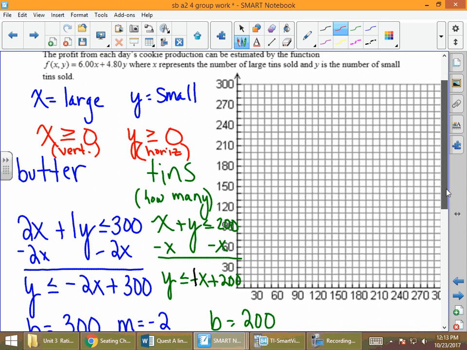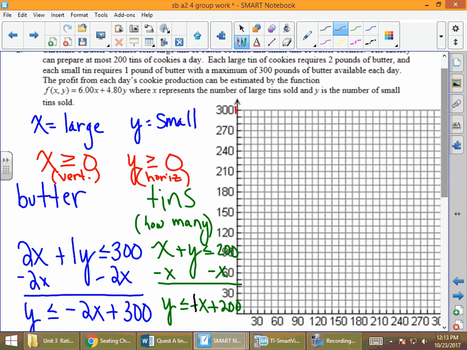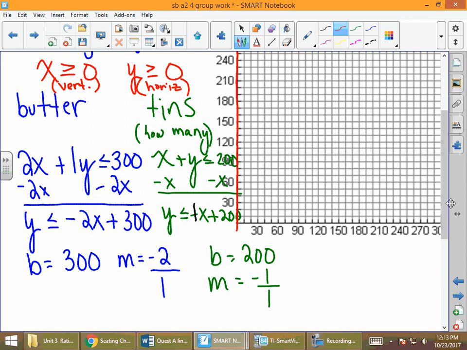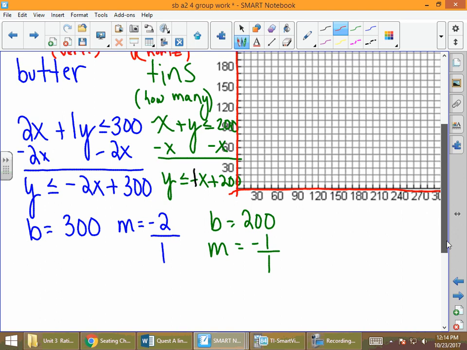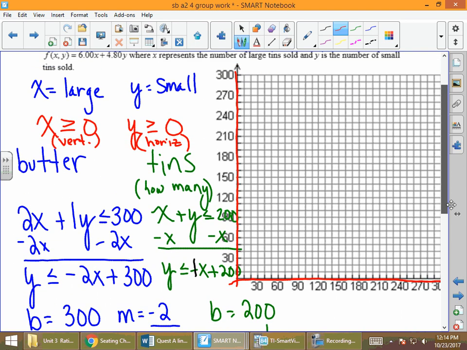You can't see it on your graphs very well with the pencil, but here's our vertical line for x greater than or equal to 0. It's actually just x equals 0 at this point because we haven't shaded. And then here's our y equals 0. You can see mine a little better because it's in red. What this tells us is that we're going to produce some tins of cookies, so we're in the first quadrant of our graph.